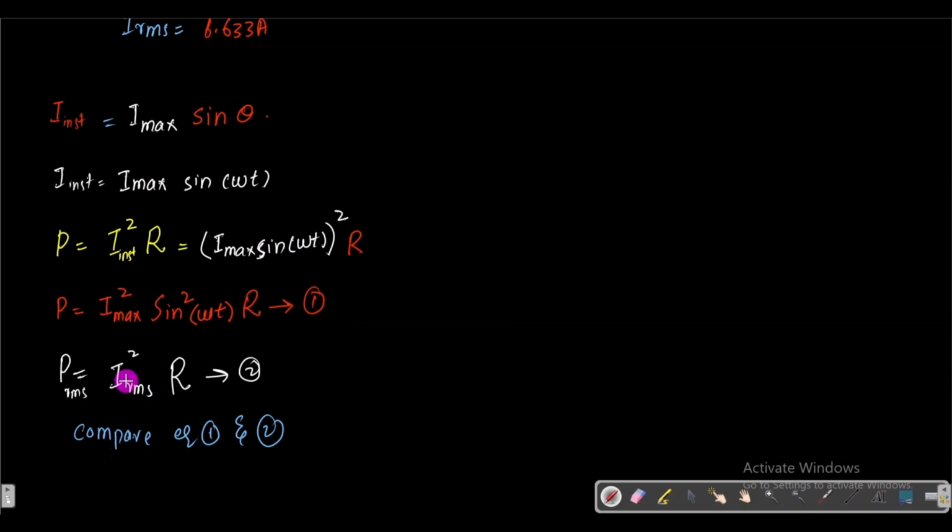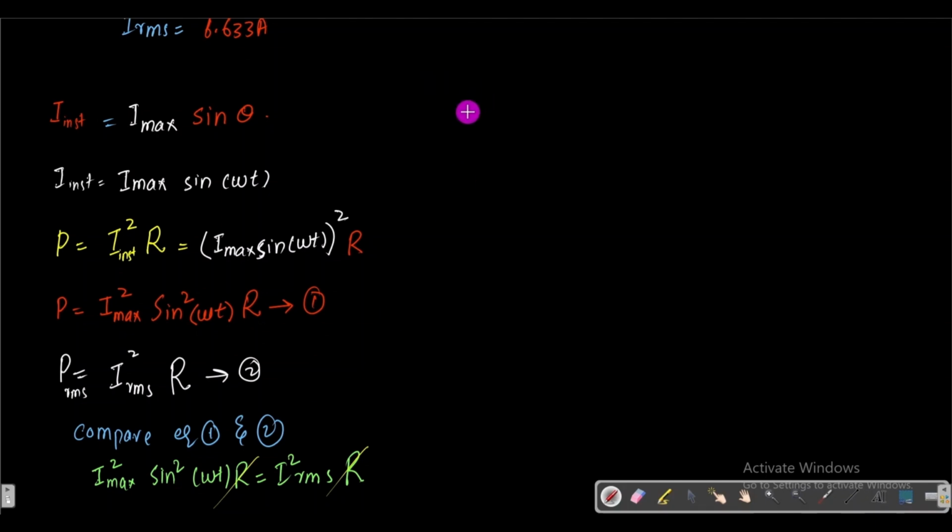The right side of equation 1 is I maximum whole square into sine square omega t into R, which is equal to I square RMS into R. Here this R and this R will be cancelled, and it will give us this value.